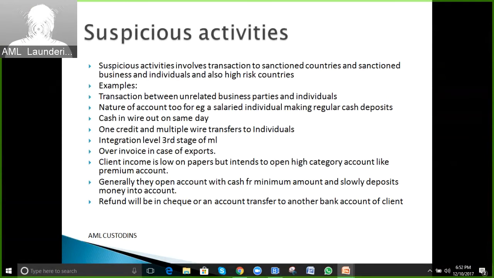Over-invoicing and under-invoicing in exports and imports. Client income stated as low in the account application, but high account activity in terms of money flow. Generally they open an account with a minimum cash amount and slowly deposit money into it. So all these things we have already covered.